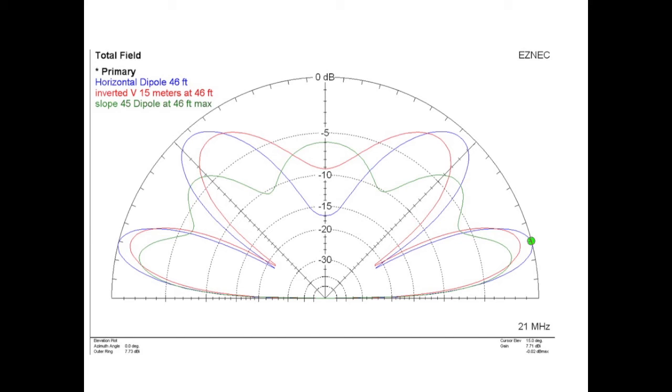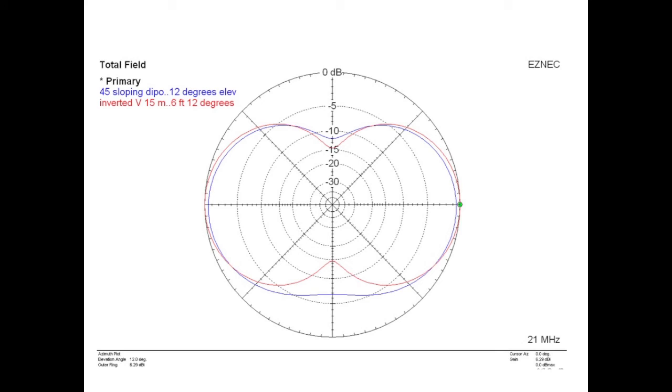Right now at my current location, I have inverted V's and I have sloping dipoles. Due to the configuration of the trees and the amount of time that I wanted to put into it at this location, I opted not to try to get up any fully horizontal dipoles, and I'm having extremely good luck with inverted V's and sloping dipoles.